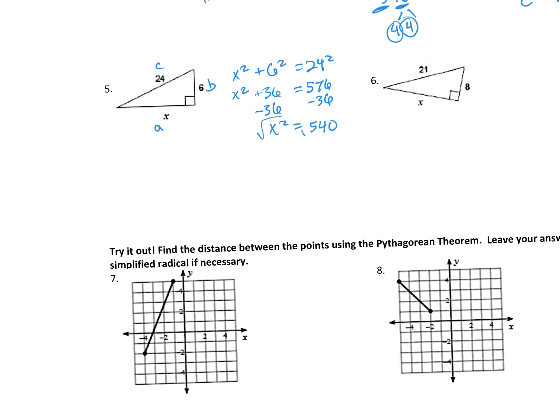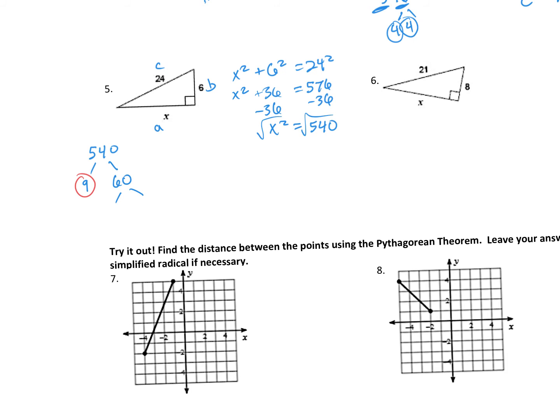If I square root this, let's try to pull some perfect squares out of 540. If I break down 540, I know that 9 times 6 makes 54, and so 9 times 60. And I know 9 is a perfect square, so I'm just going to circle that. 60 is 6 times 10.